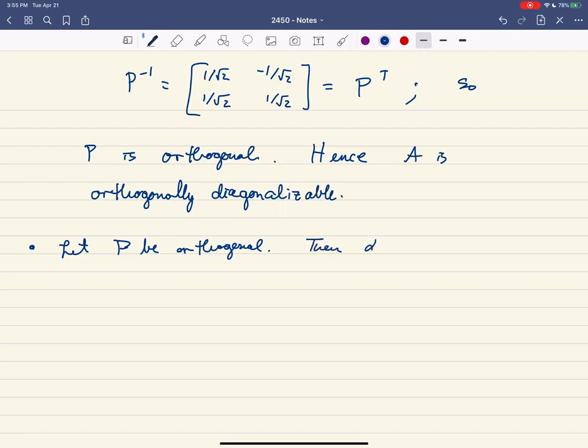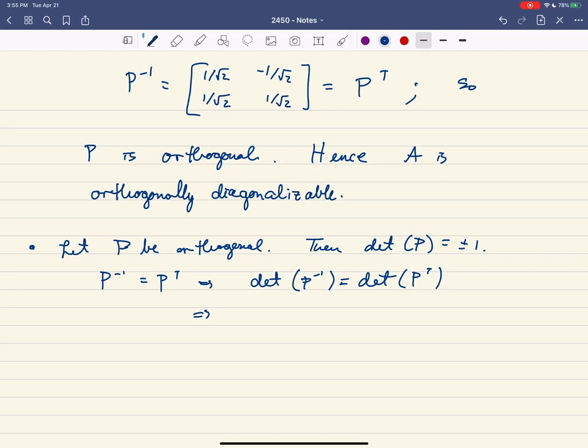Then it turns out that the determinant of P has to be plus or minus 1. And the reason is pretty straightforward. If P inverse is equal to P transpose, then take a determinant of both sides. So the determinant of P inverse is equal to the determinant of P transpose because they're the same matrix. So therefore, everything about them has to be the same, including their determinant.